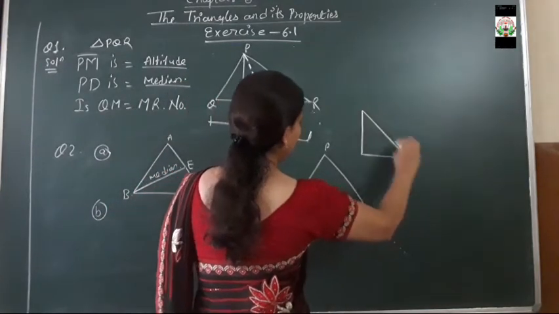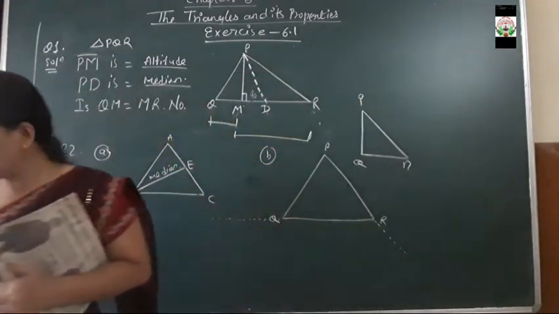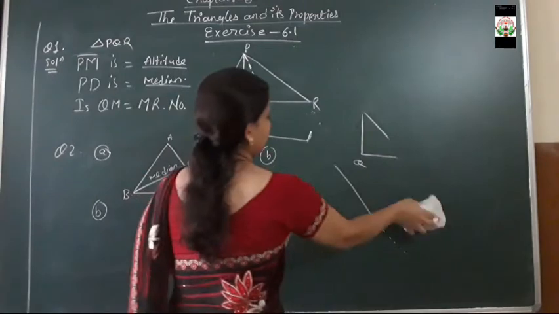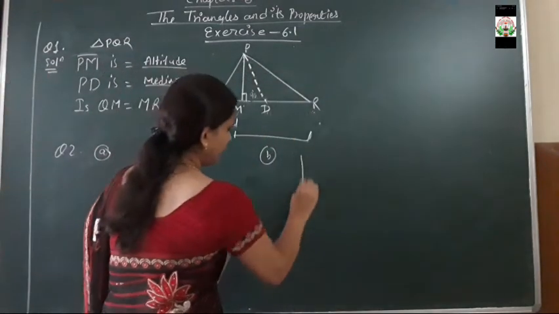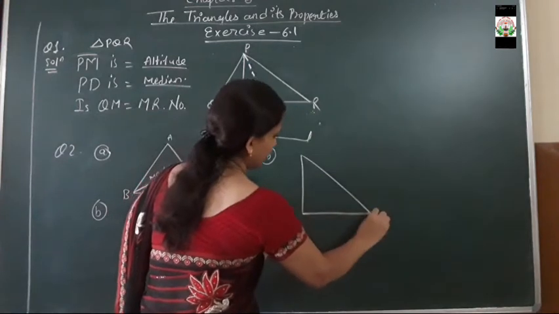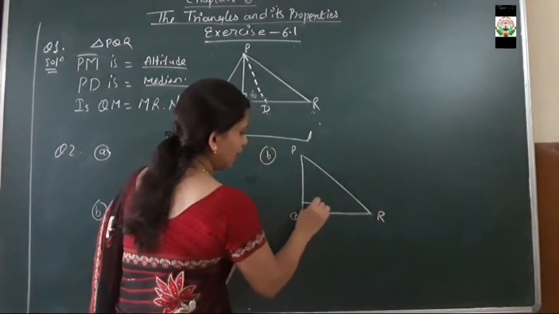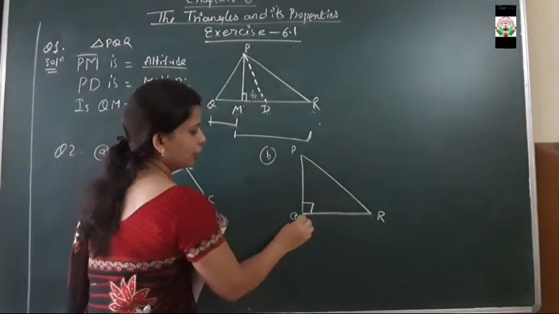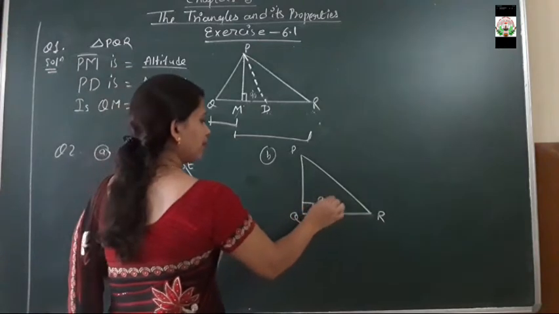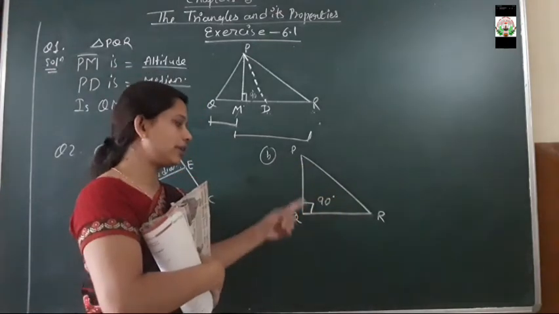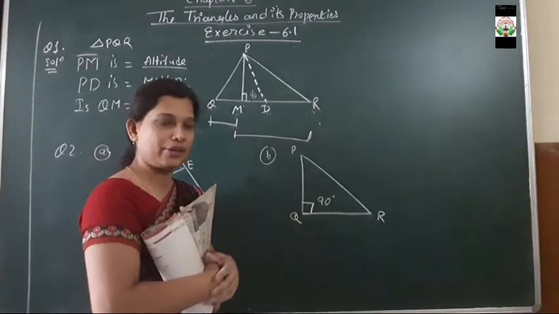This is the triangle PQR where PQ is an altitude. Altitude means a line joining the vertex to the opposite side by a perpendicular line, that is said to be its altitude, isn't it?